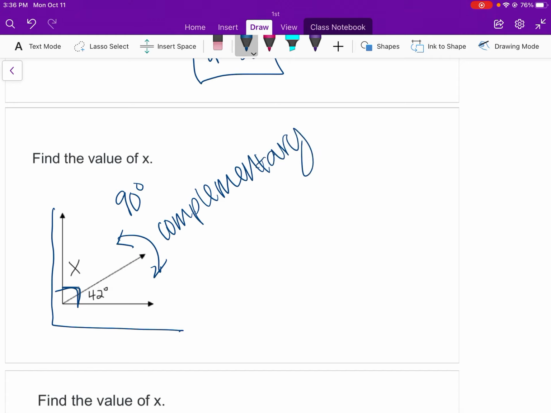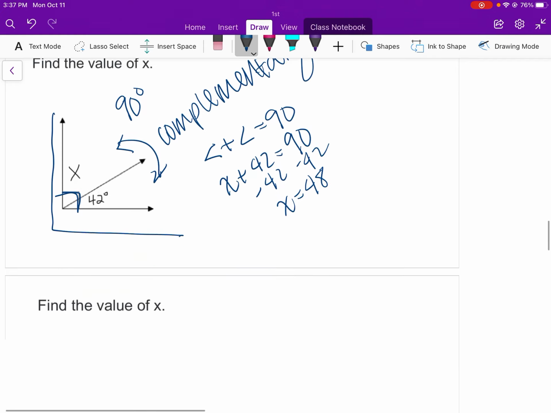So now, just like supplementary, angle plus angle equals 90. So I just say x plus 42 equals 90. Subtract 42 from both sides, and I get x is equal to 48.